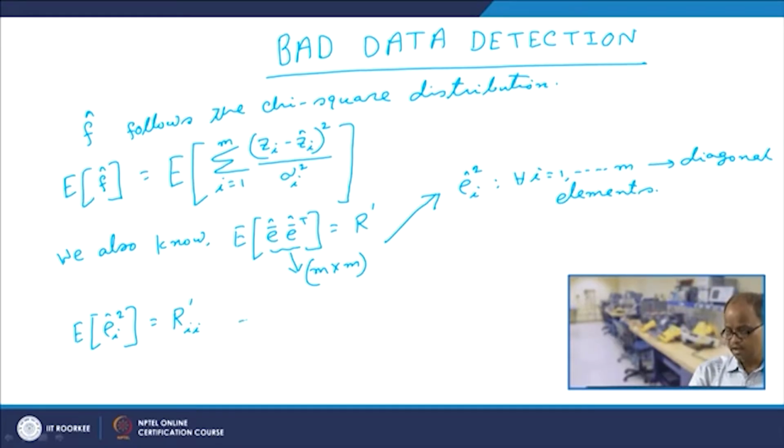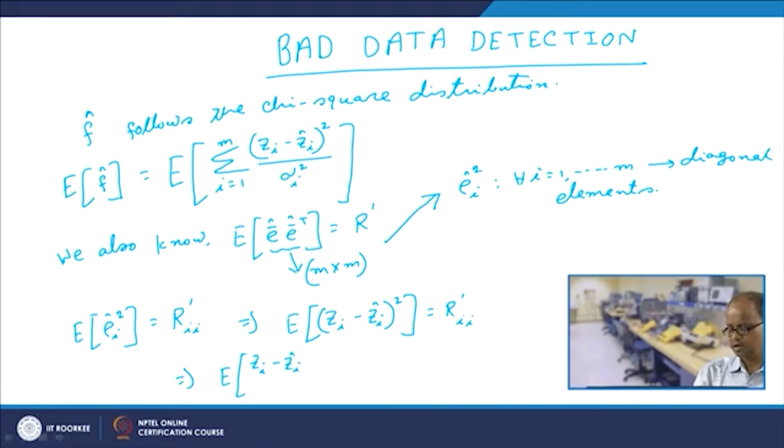So, we can say that expected value of Z I minus Z I hat square is equal to R I dash. So, I can say that expected value of Z I minus Z I hat square by R I dash is equal to R I dash by R I dash, which is equal to 1.